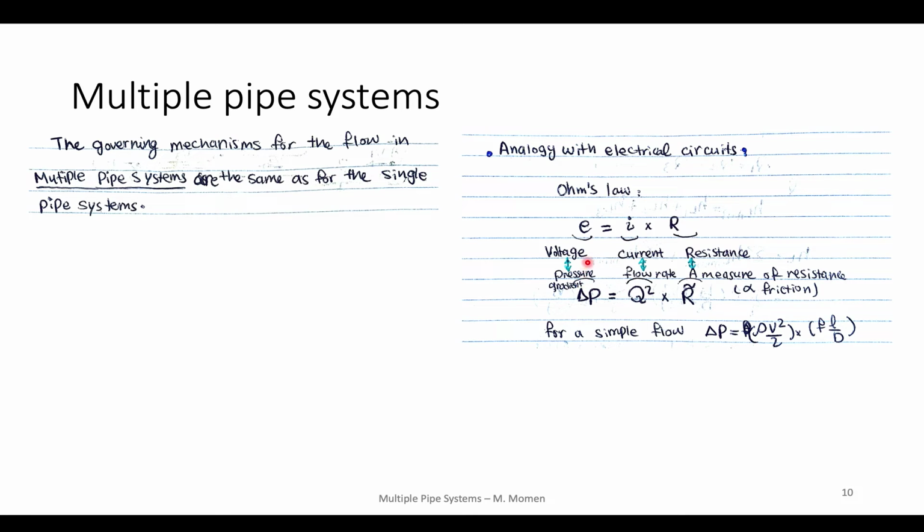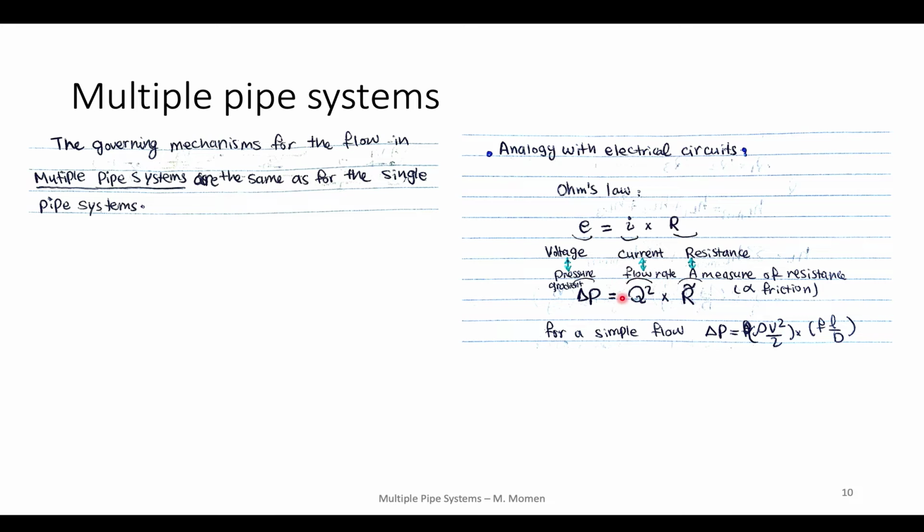As you can see, the voltage is analogous to the pressure gradient in our fluid system. The current in an electrical circuit is analogous to the flow rate in our fluid mechanics system, and the resistance in an electrical circuit is analogous to the friction or losses, major or minor losses, in a pipe system.